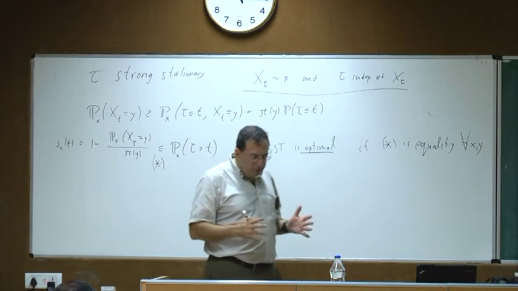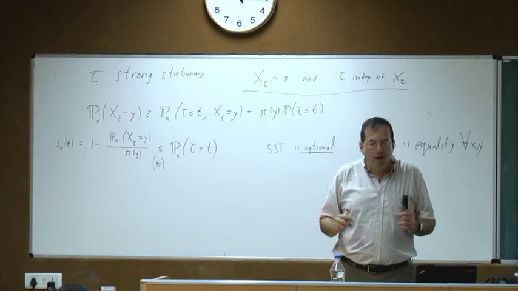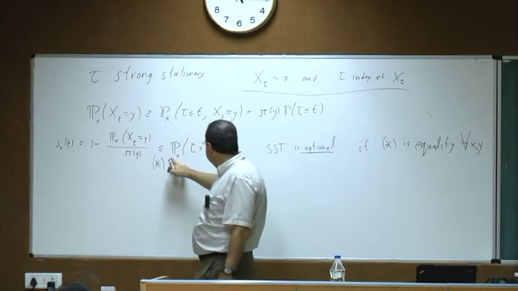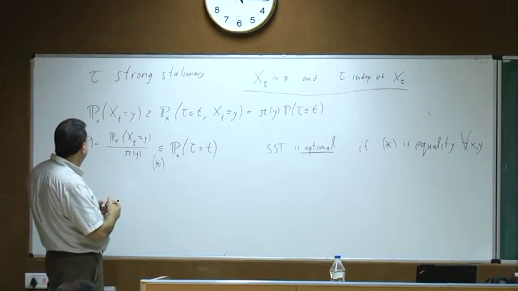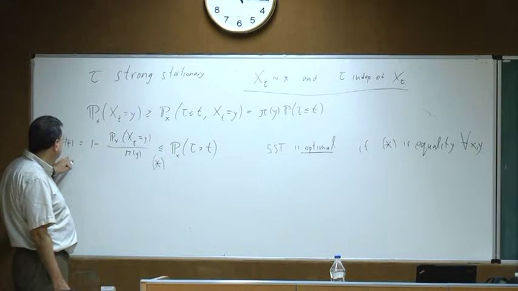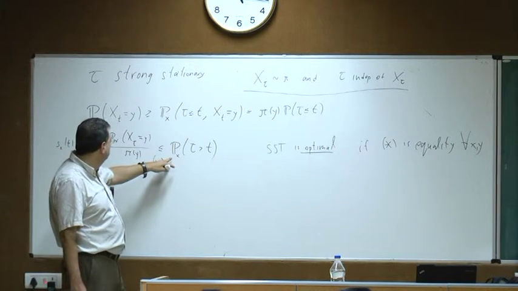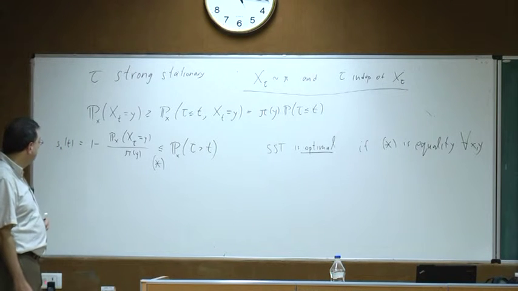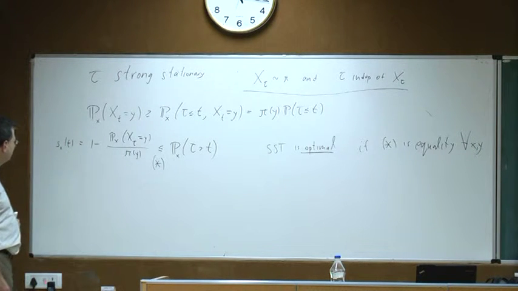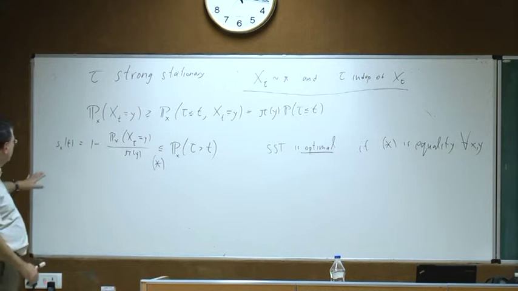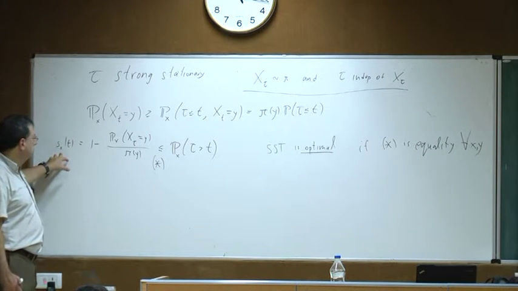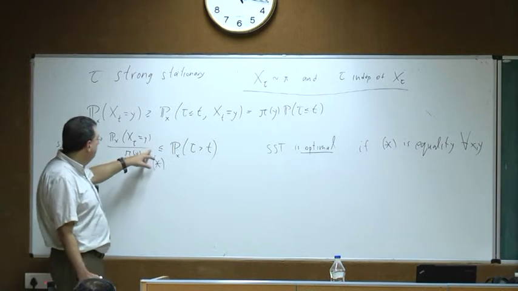Of course, the tail probabilities are always bigger than this separation.